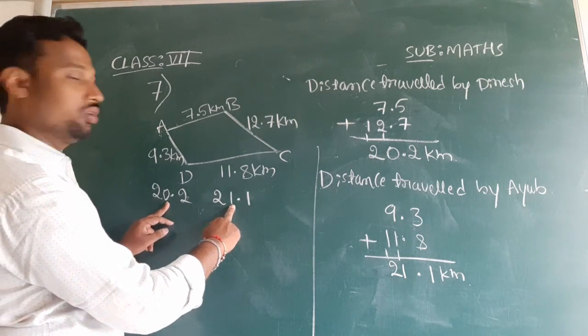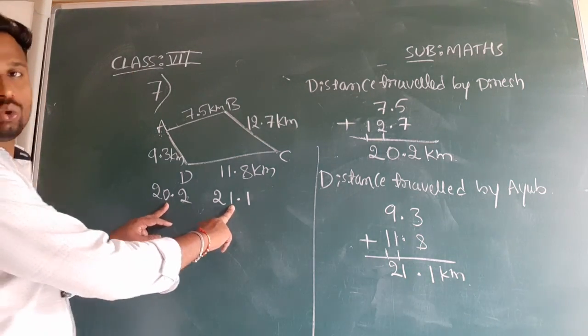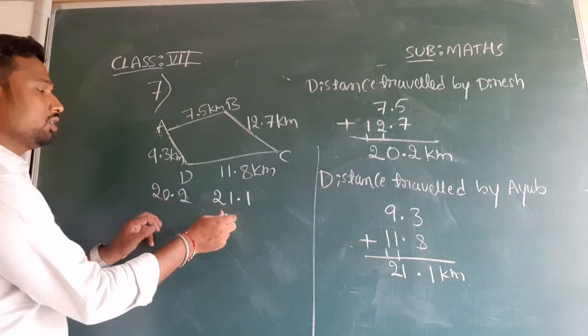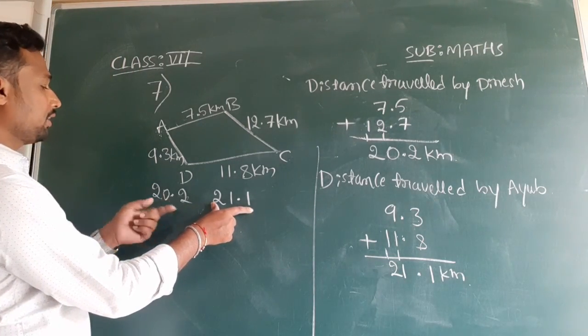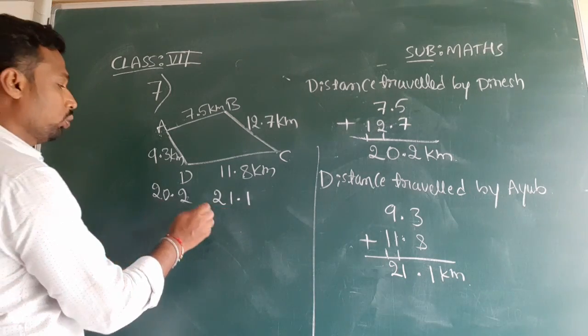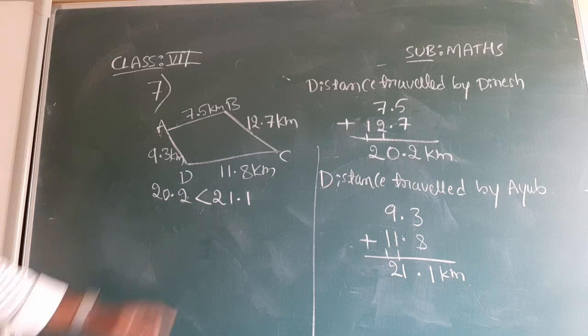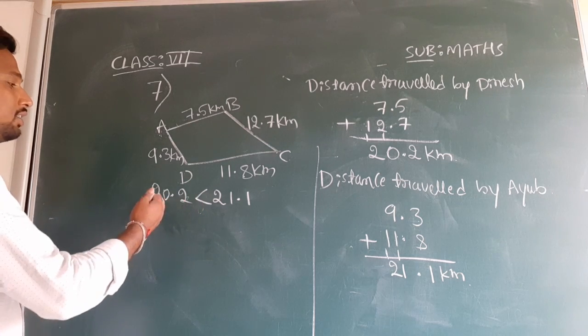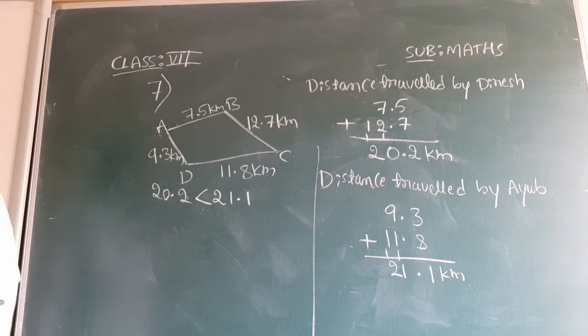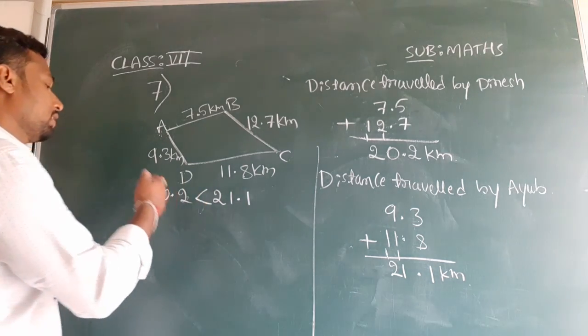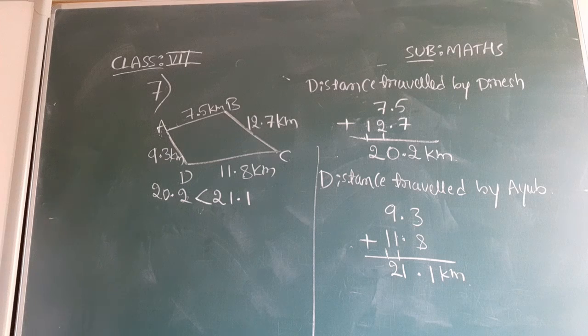Which is the greater value? 1 is greater than 0. So this 21.1 is greater than 20.2. So here I will consider this symbol which says that 20.2 is less than 21.1, or you can say that 21.1 kilometers is greater than 20.2.